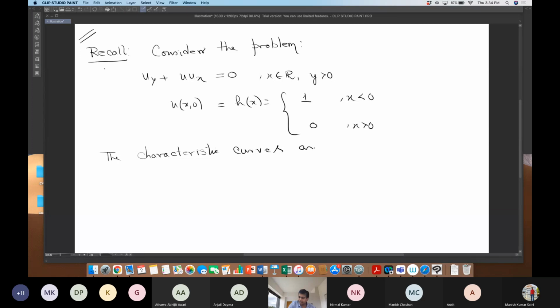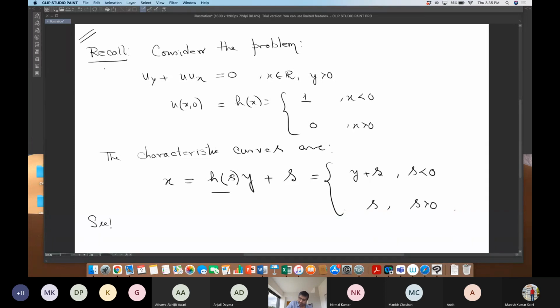The characteristic curves are, what are the characteristic curves? Anyone remember? x equal to h(s) y plus s. So what is h(s)? It is y plus s if s is negative and s if s is positive.